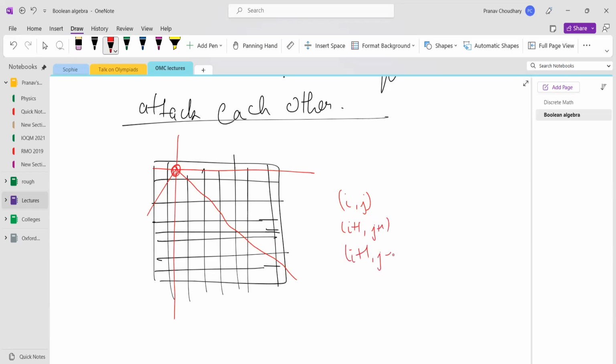Like I can just do i plus one, j plus one, or i plus one, j minus one. All these points lie on the diagonal, right? Yes. So you can do that. The square idea is nice, but I don't see how you can do it with that.